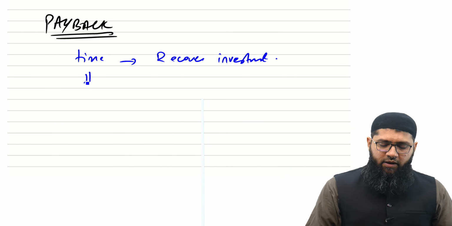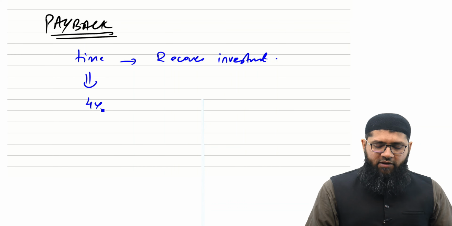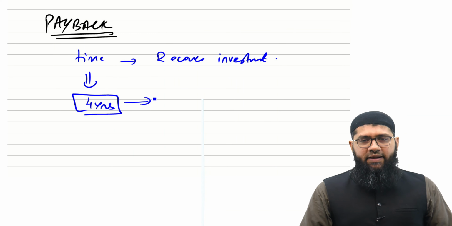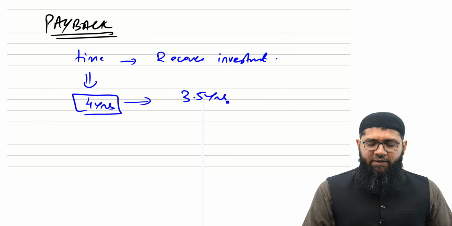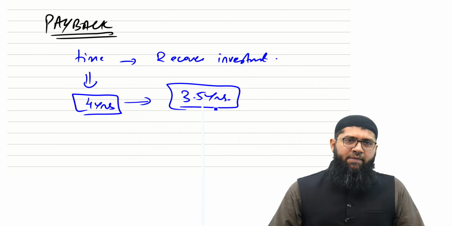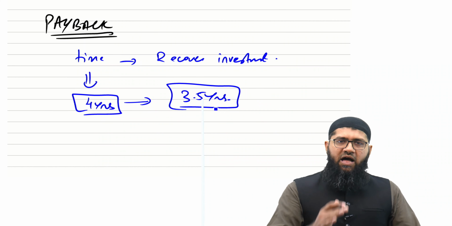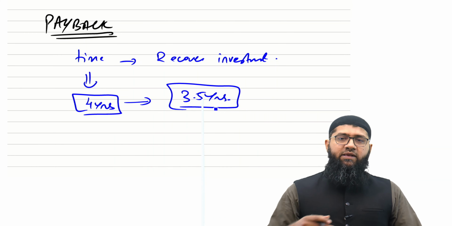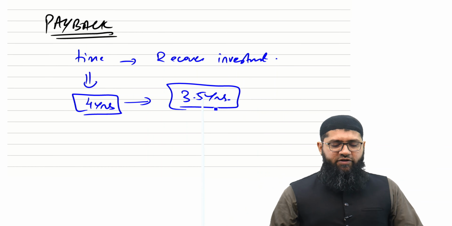For example, you target that you want your investment recovered in 4 years, and your project gives you a payback period of 3.5 years. That would mean you're meeting the target of 4 years recovery.